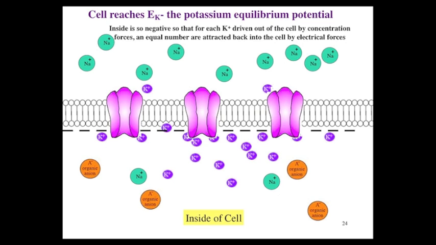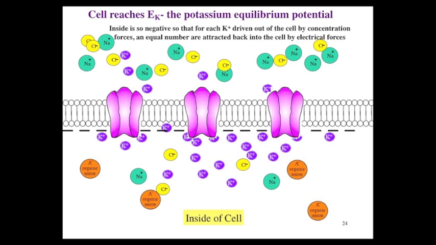The cell finally reaches the potassium equilibrium potential, where the inside is so negative that for each potassium driven out of the cell by its concentration force, an equal number are attracted back into the cell by the negativity in the cell. That is the electrical force. One in, one out, one in, one out. One driven out by the concentration force and an equal number attracted in by the electrical force.